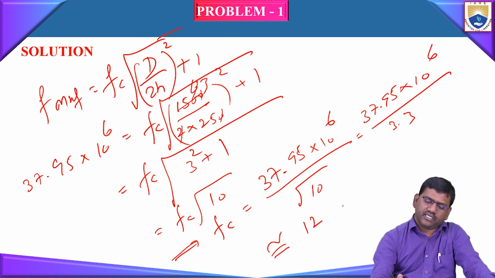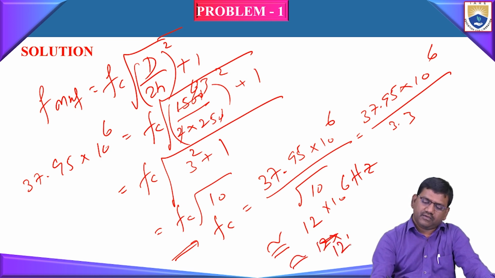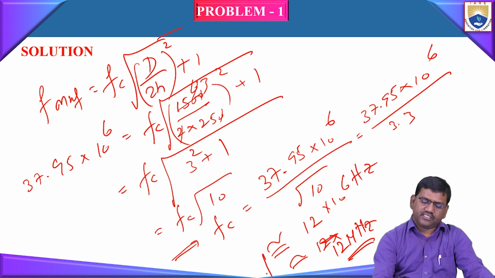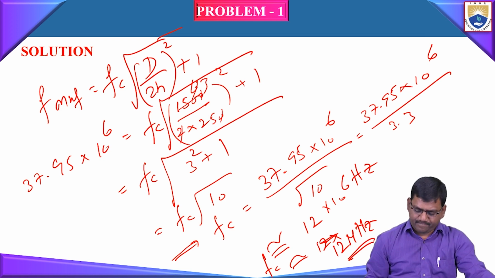You get approximately 11 point something, so approximately 12 into 10 power 6 hertz, which is 12 megahertz, because mega means 10 power 6. So the critical frequency for the given maximum usable frequency is 12 megahertz.